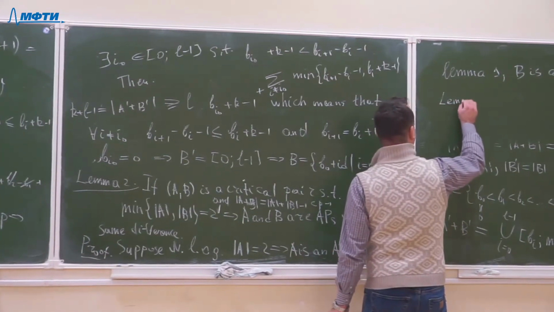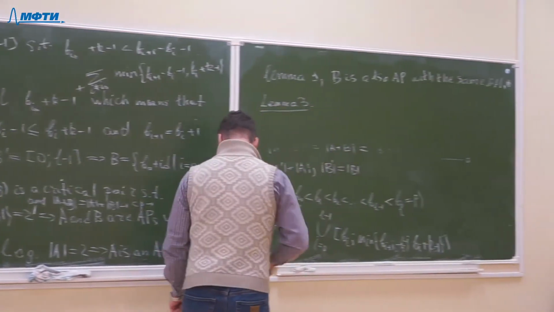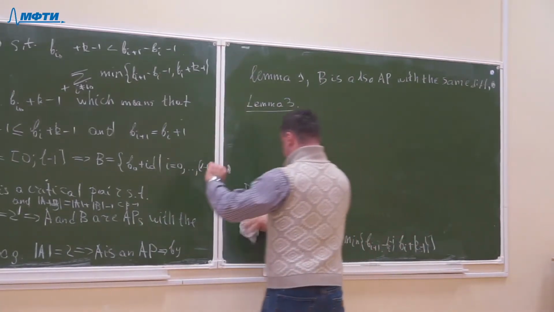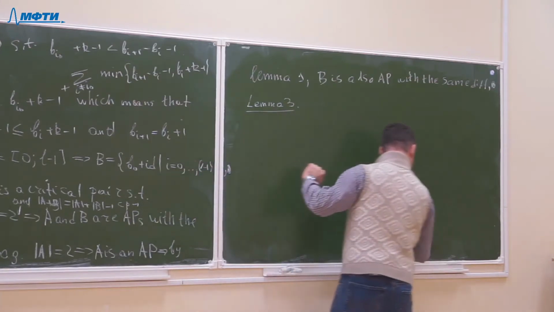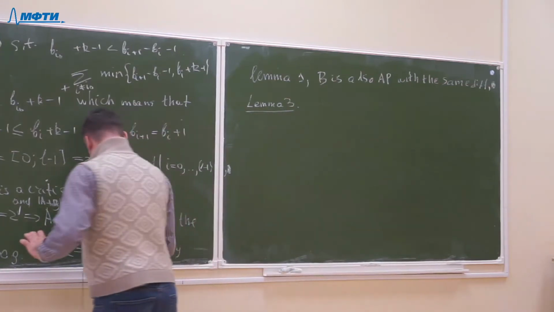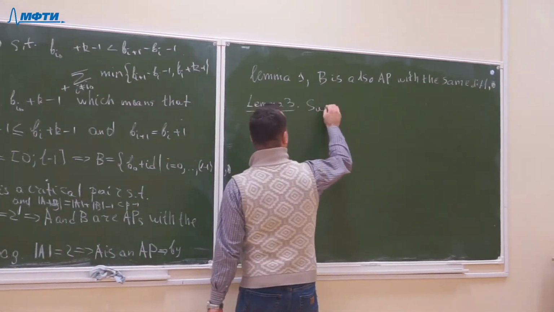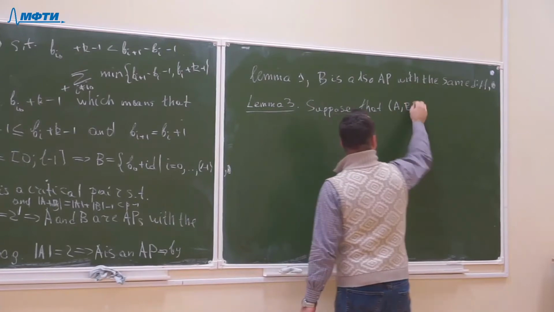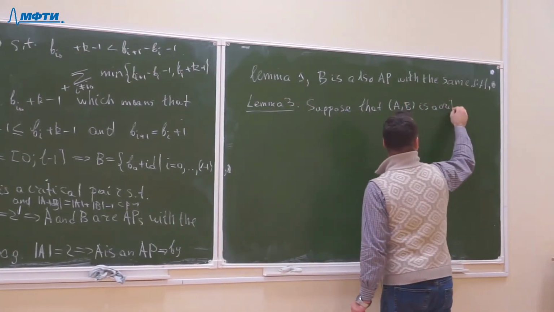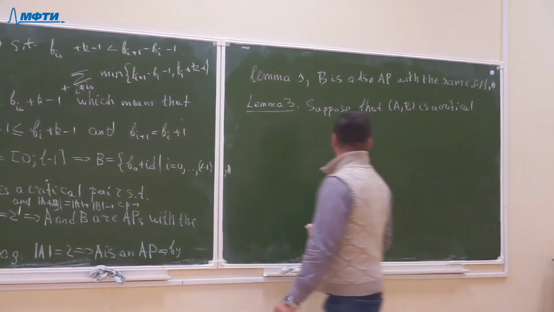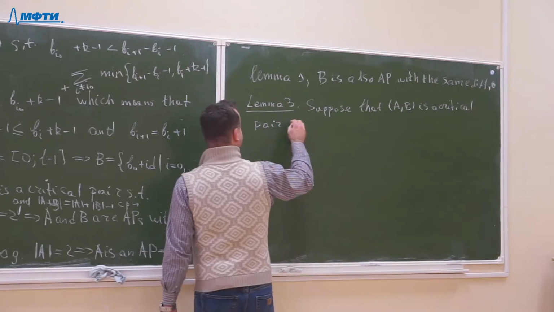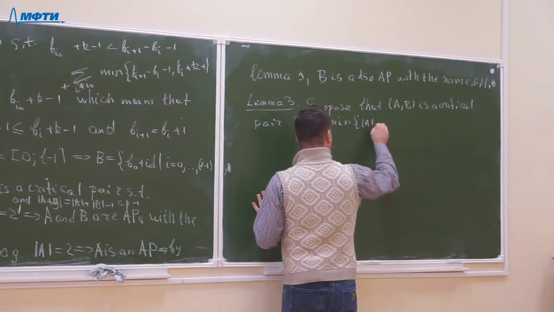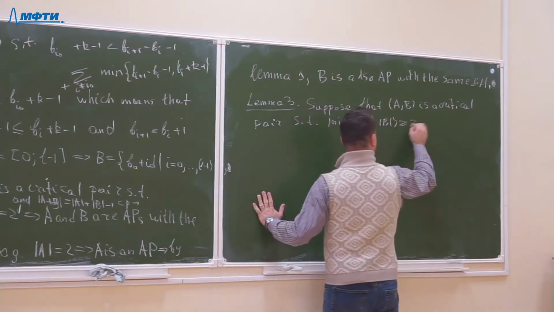Lemma 3. Suppose that AB is a critical pair such that the minimum between the cardinalities of A and B is at least 2.